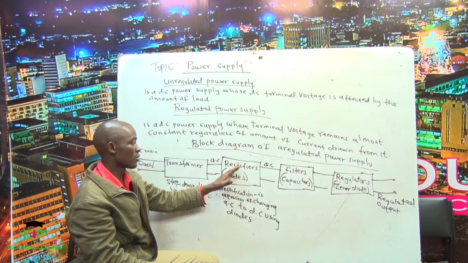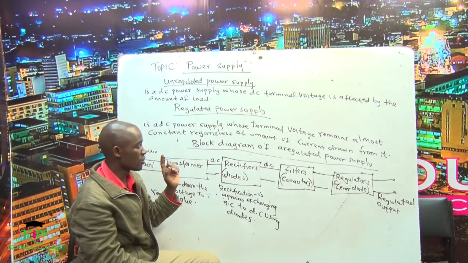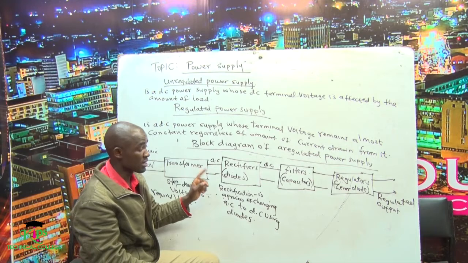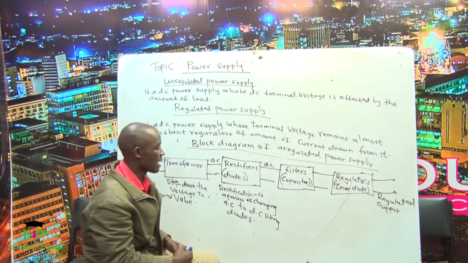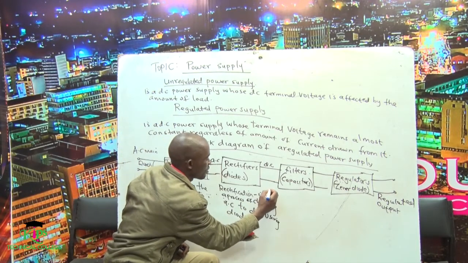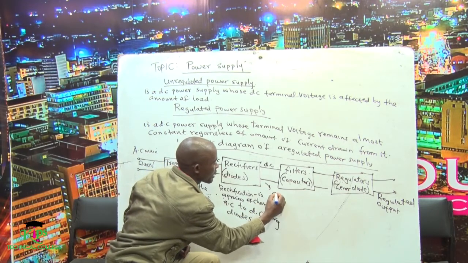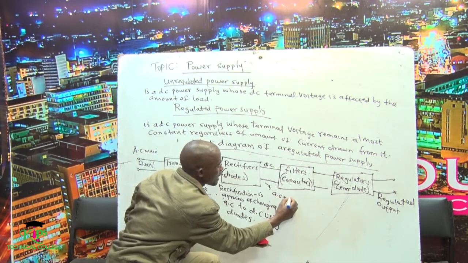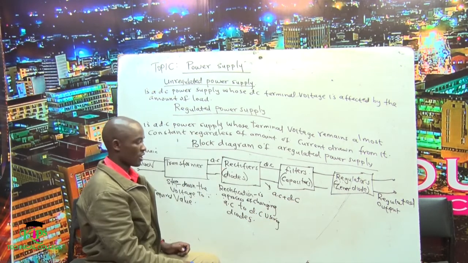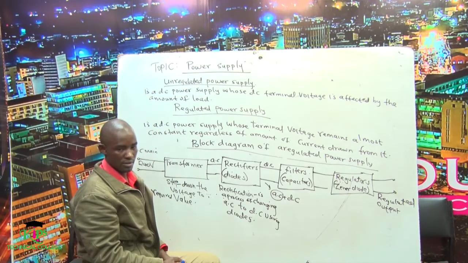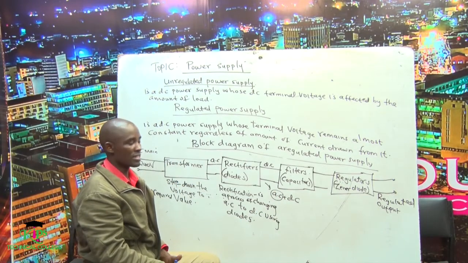During rectification, it is not all the AC signal that will be converted to DC, meaning we will be having some AC signals sneaking to the other side. So at the end here, we'll be having AC plus DC. So we'll be having some traces of AC components. Remember, we do not need this AC.